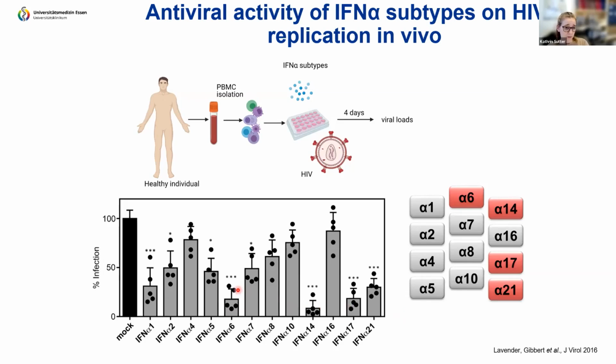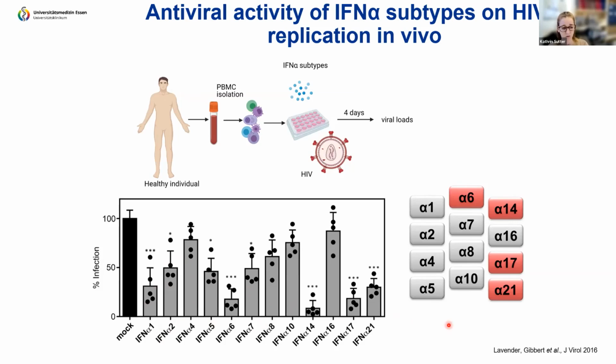And also in the past, there were a lot of different clinical studies where interferon alpha-2 was used in HIV patients. There were really a lot of studies, and in almost all studies, there was only a very moderate effect on the outcome of the interferon therapy, and in most of the cases, almost no effect.